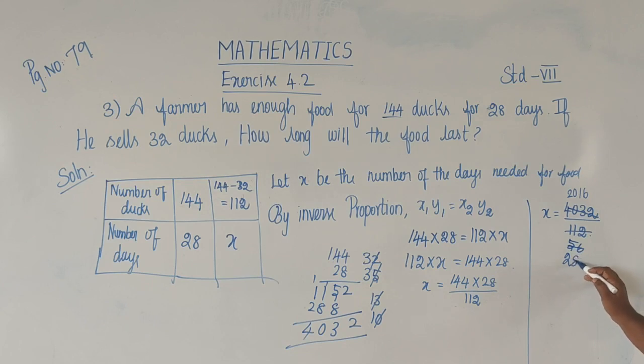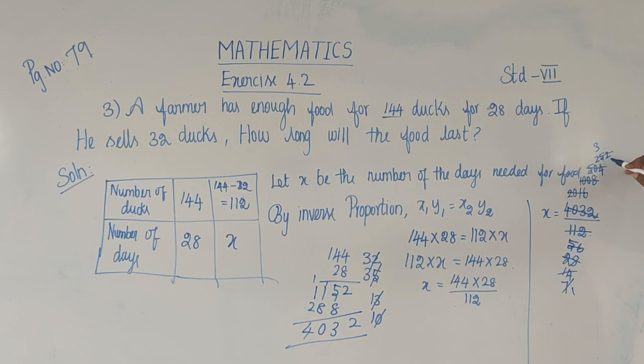So 8 2s are 16. 1 2 is 2. 4 2s are 8. 5 2s are 10. 4 2s are 8. 7 2s are 14. 1 7 is 7. 3 7s are 21.